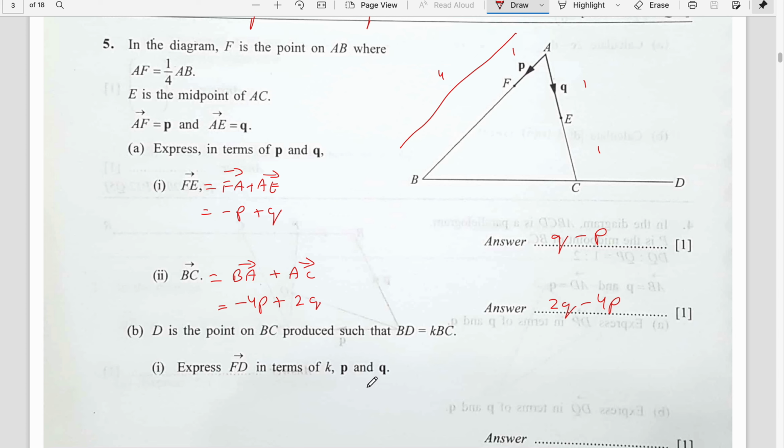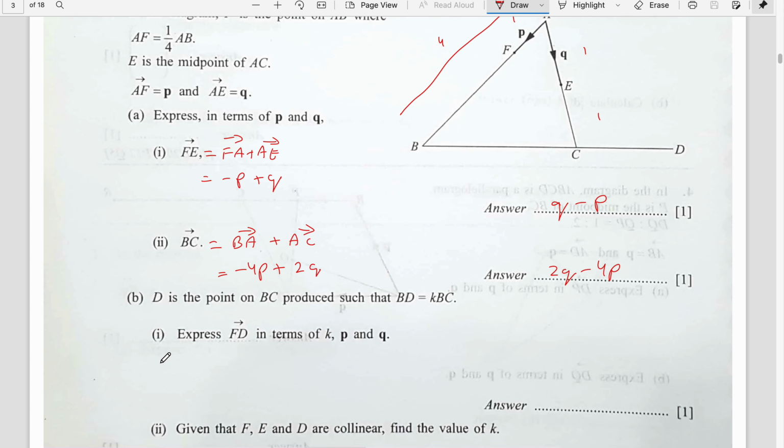Express FD in terms of K, P and Q. So starting from F, ending at D. We've already solved for FE, or just start fresh. FA plus AC or plus CD.